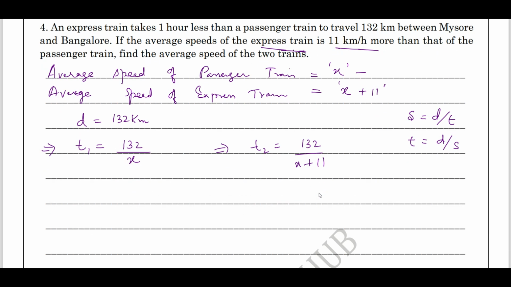What is the difference between the time? That is t1 minus t2 equals 1. What is t1? t1 is 132 divided by x minus 132 divided by x plus 11 equals what? 1.